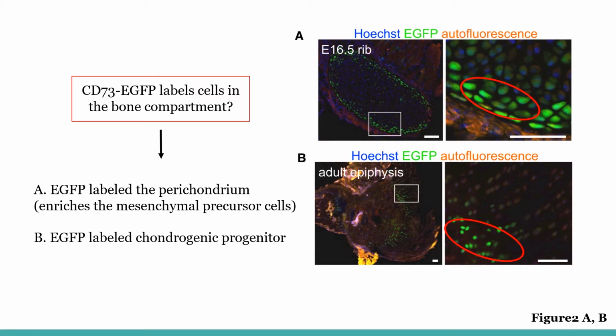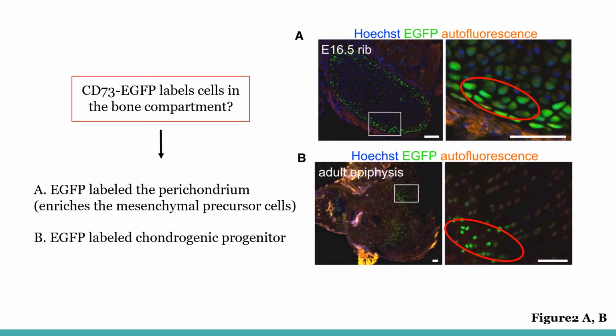And they found that in the rat of E16.5 embryo, the EGFP could label the perichondrium, which contains the mesenchymal precursor cells. And in elder femur epiphyses, they also found the EGFP can label the chondrogenic progenitor and the early chondrocyte, and the fluorescence will be lost after the differentiation.